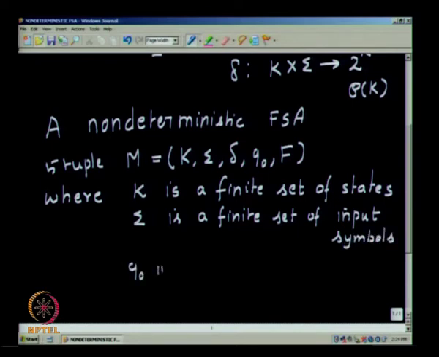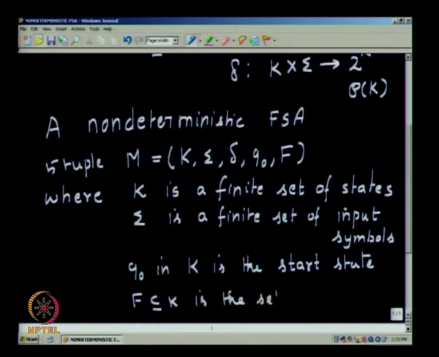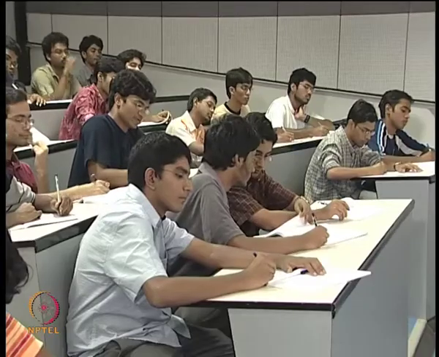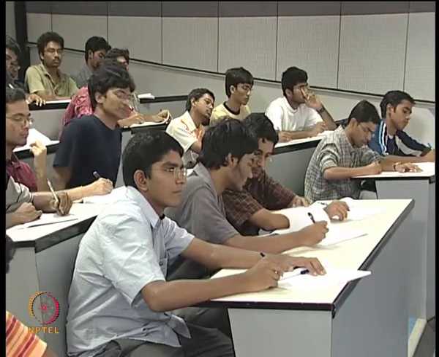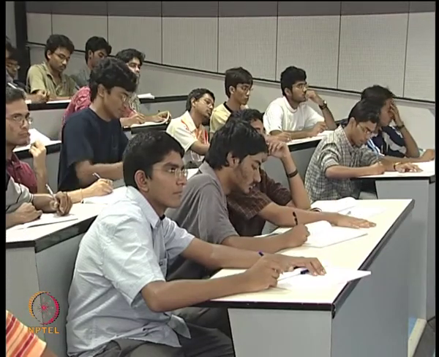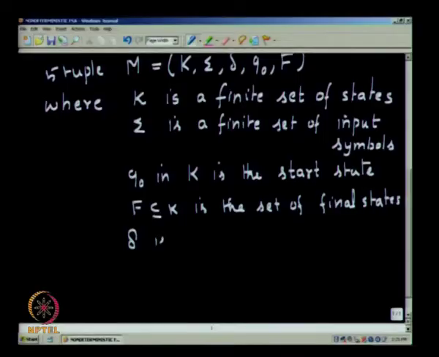Q naught in K is the start state, F contained in K is the set of final states, and delta is the transition function.